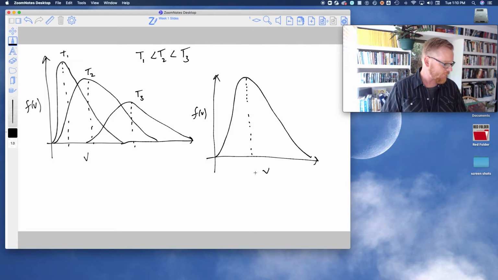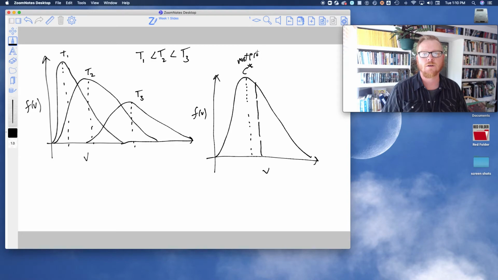So here, this peak is the most probable speed, which I'll call C star. I'll give this a big, long dashed line. So let me write that down: most probable is the peak.